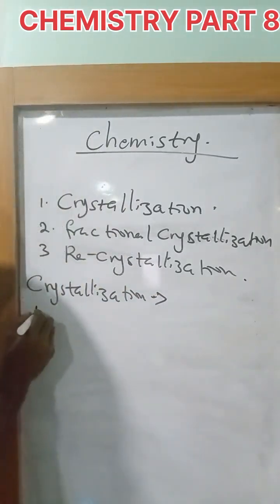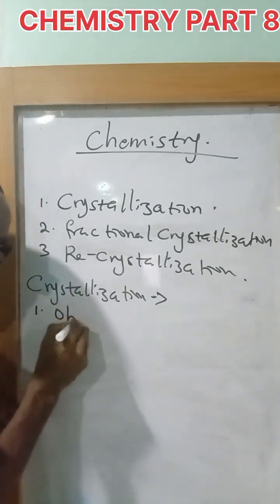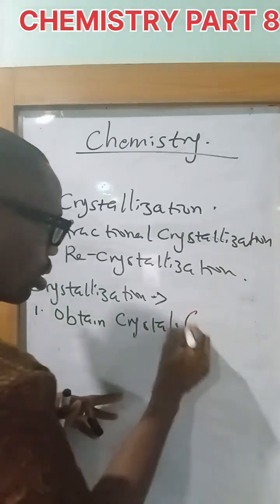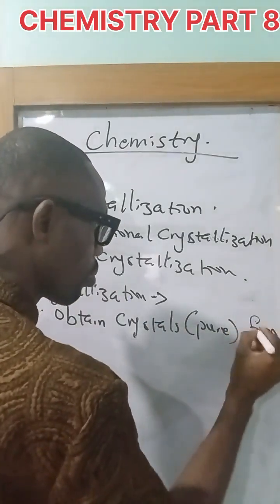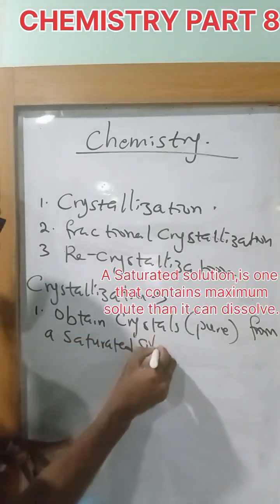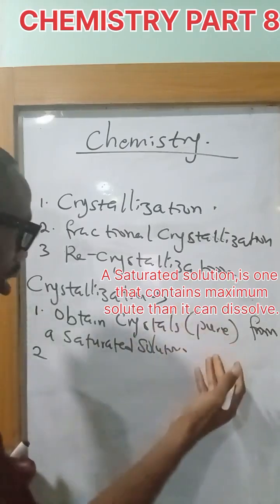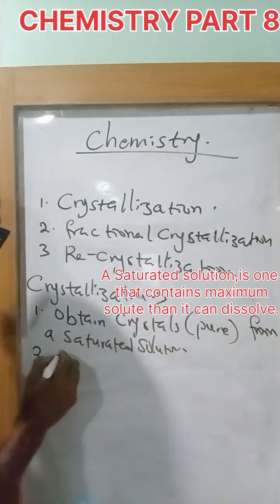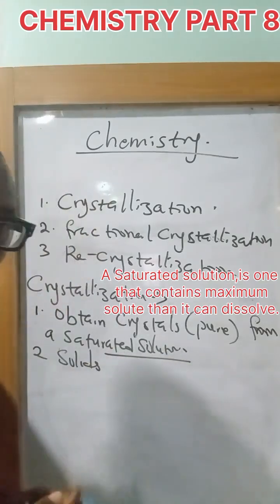Number 1 point about crystallization, it is used to obtain crystals, especially pure crystals, from a saturated solution. Or it is used to obtain solids from a saturated solution. Is that clear?